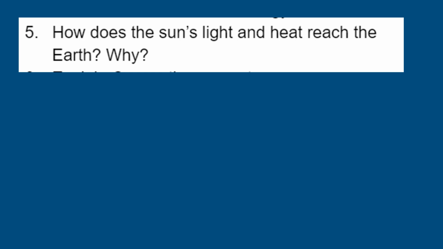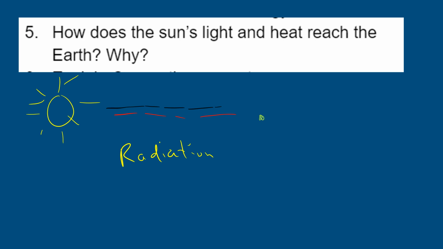How does the sun's light and heat reach the earth? And so here's the sun. Let's just draw the earth, a little tiny thing right there. And here is all the light and energy going to the earth. And the answer to that is that it is going to use radiation. And that is because there is no air in space.